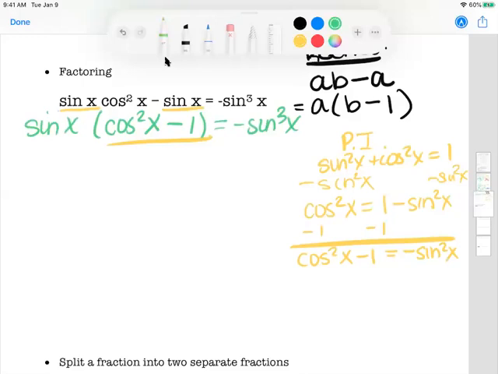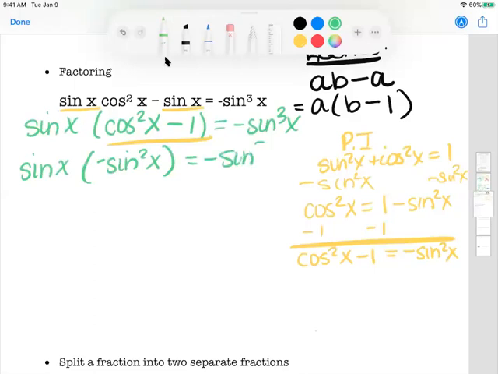All right, so now I am going to use negative sine squared x and substitute it in for that part of my equation. So sine x times negative sine squared x. Be careful here that you're not thinking this is subtraction. This is just multiplying by a negative. An alternate way we could have done it, I could have factored out negative sine x to begin with. So remember, there's not one unique way to solve these.